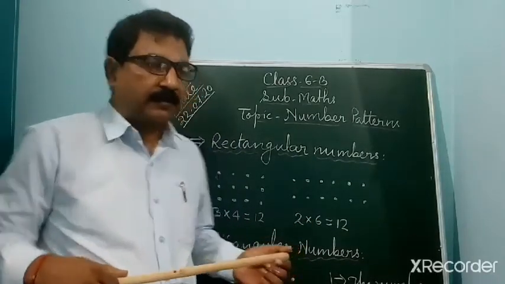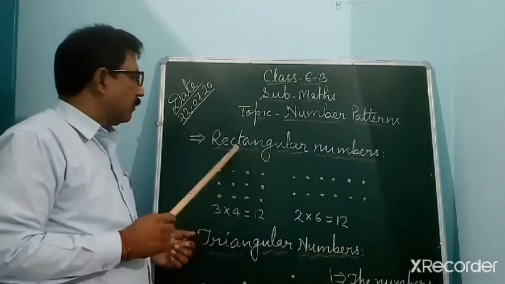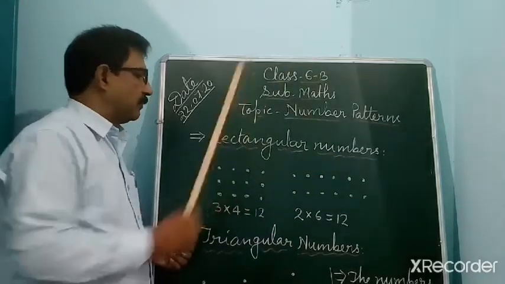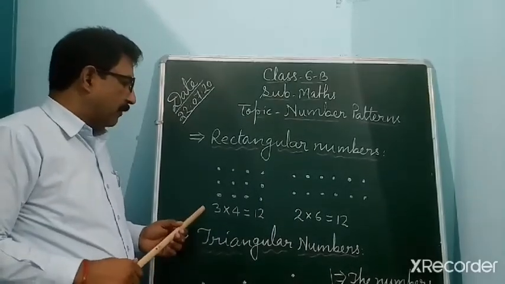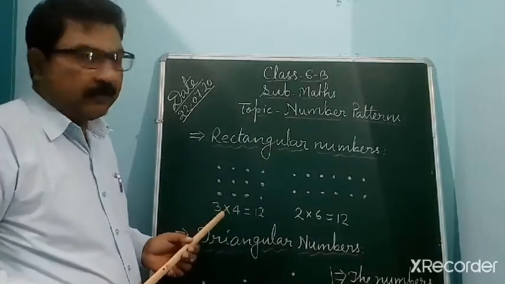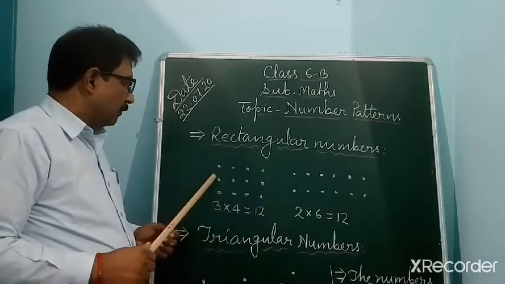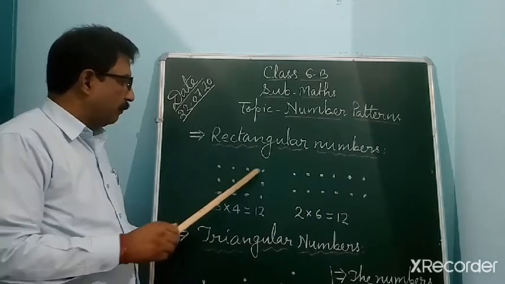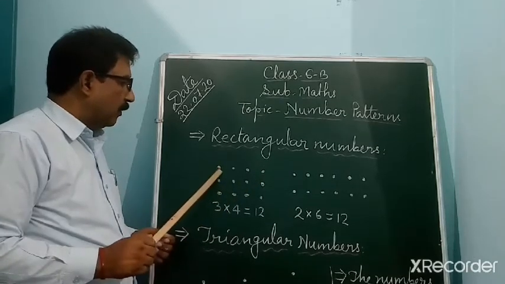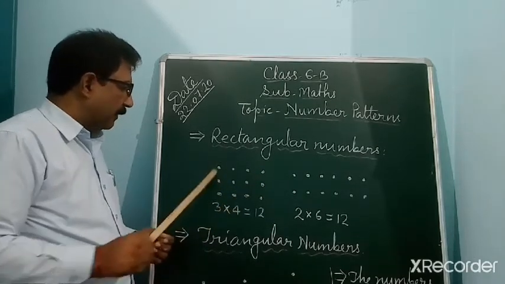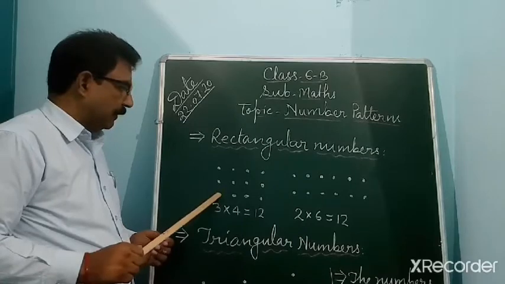Now I am giving some examples of number patterns. First, rectangular numbers. Rectangular number means the number pattern which follows the structure of a rectangle. Like you see the points 1, 2, 3, 4 in the horizontal row, and vertically you see 1, 2, 3.